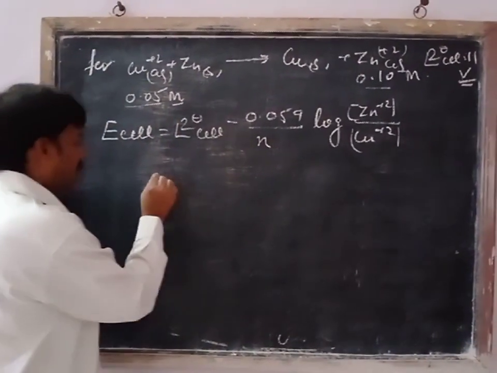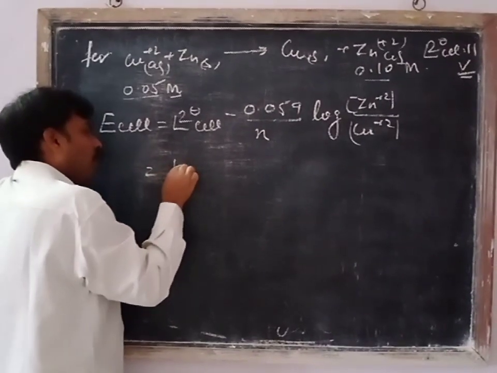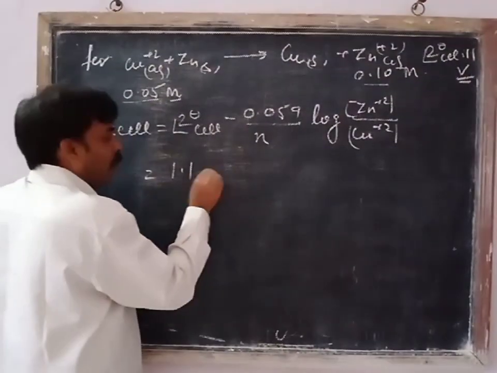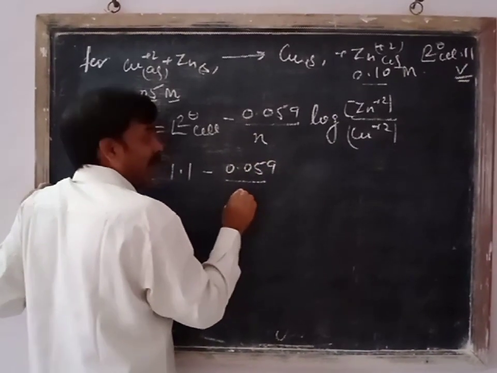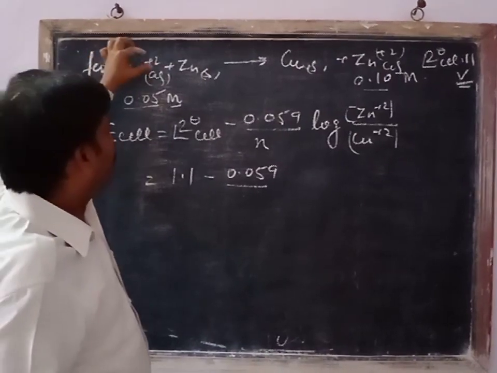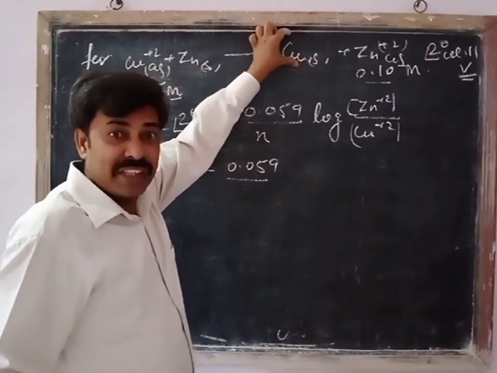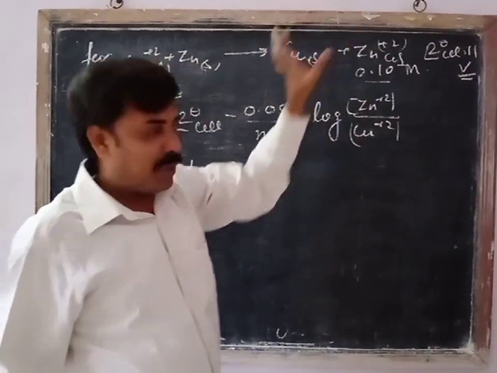So in this equation, we put the value of E° cell, which is already given as 1.1 volt, minus 0.059/n, where n is the variation in oxidation state. Here copper 2+ turns into copper, a variation of 2, and zinc turns into Zn2+, again a variation of 2.